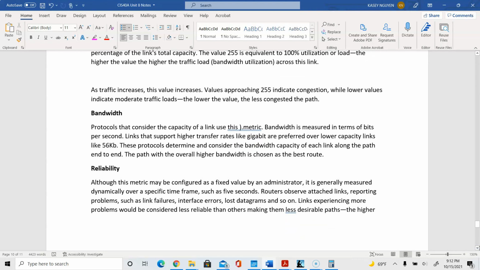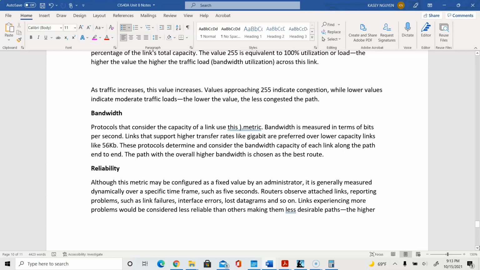Bandwidth is measured in terms of per second for how the transfer would be. So if the protocol is utilizing bandwidth capacity, then it's going to take a look at each link, each path, end to end, to determine that the higher the bandwidth, the faster it's going to get selected. The lower the bandwidth, it will not be chosen for the best route.